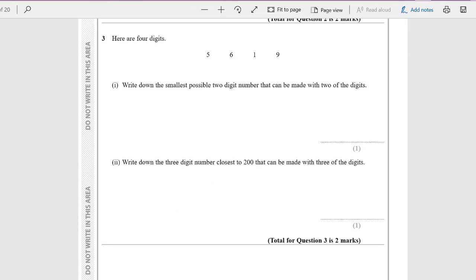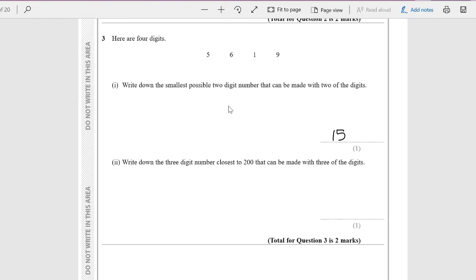Question 3. Here are 4 digits. Write down the smallest possible 2-digit number that can be made with 2 of the digits. So we take the smallest tens, so that's 1, and then the smallest unit, so that's 5.